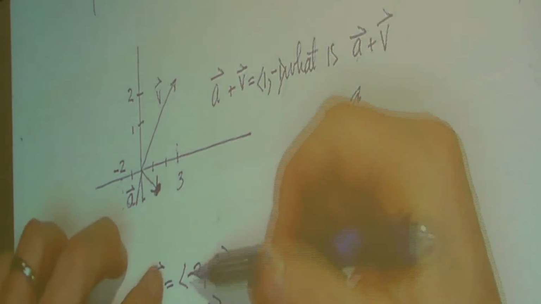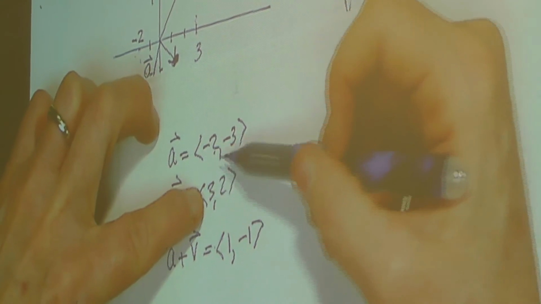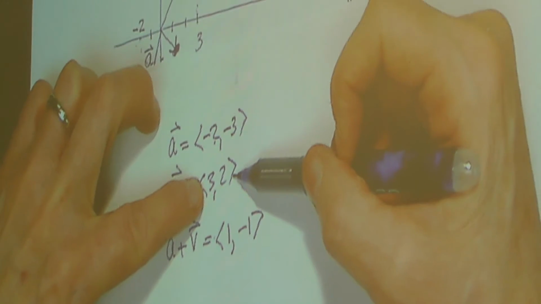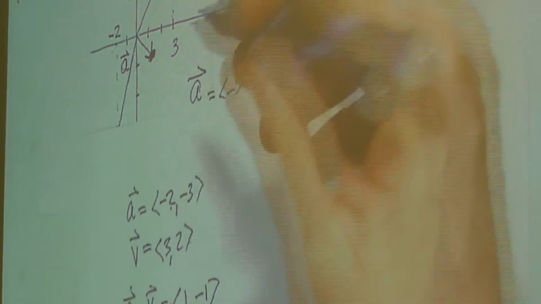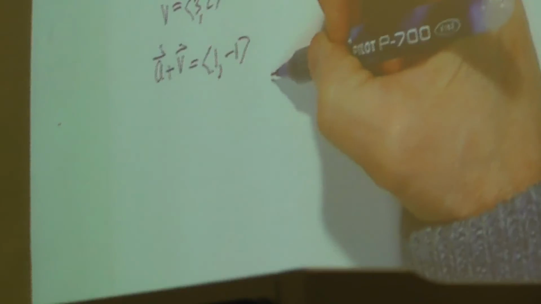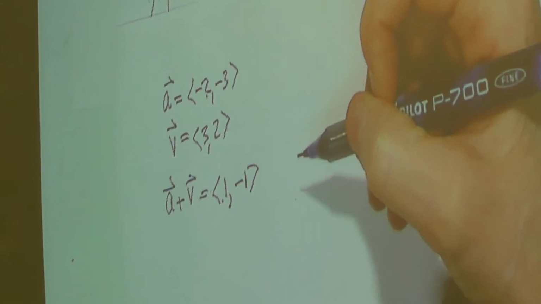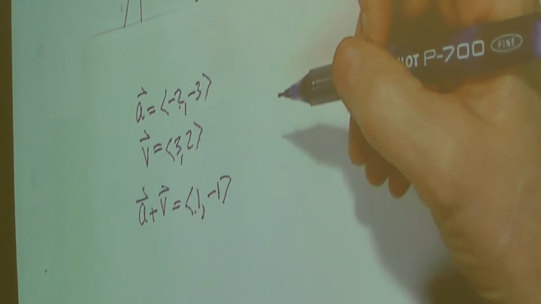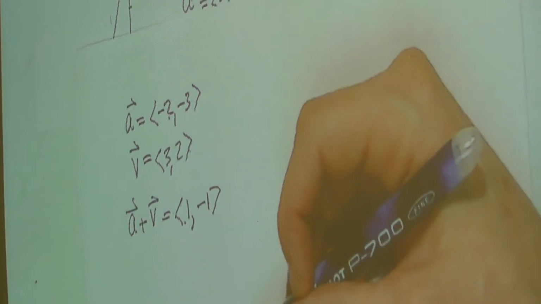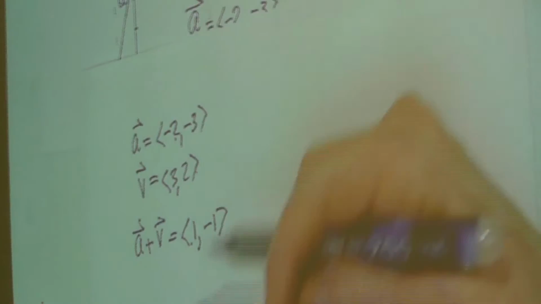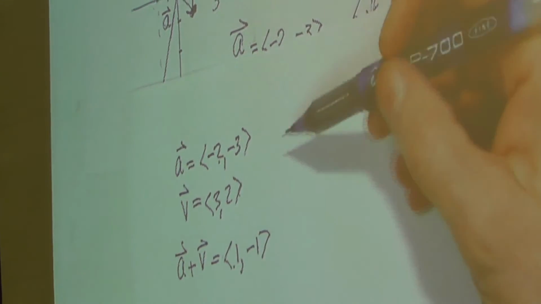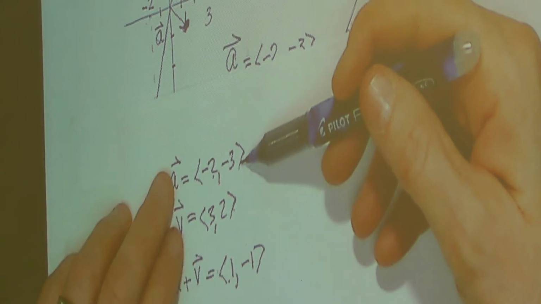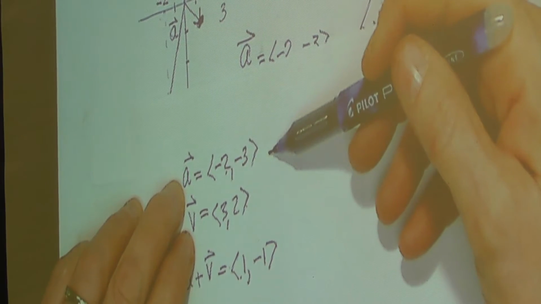And you can see that that comes from adding the components. One of the things this does is to really stress that what these components are representing is displacement. Displacement in the x direction, displacement in the y. And this is going to extend over to 3 dimensions. This is how we add vectors when we're given the components.